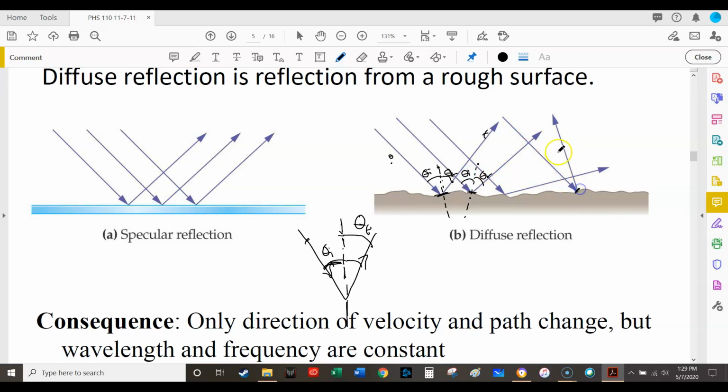If you notice that one is going right there, so I'm trying to draw the normal. It's the dotted line. So that angle is going to be equal to that angle too. Okay. So it still holds true, this law of reflection. It's just with diffused surfaces, light rays are going to be bouncing out at all different angles, but they're still obeying the law of reflection.